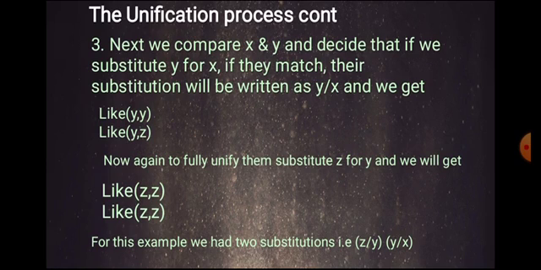After the substitution of y for x, we get like of y y in the first literal, because x is substituted with y, and like of y z in the second.